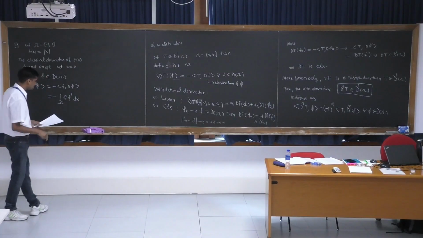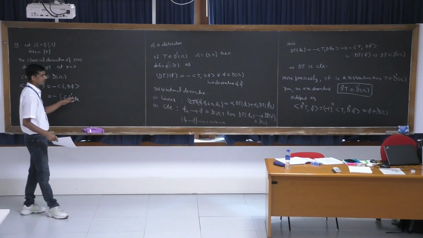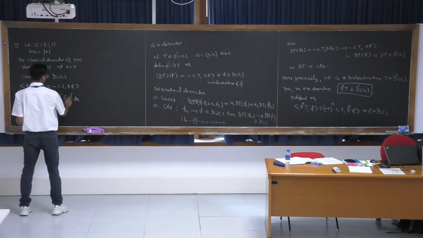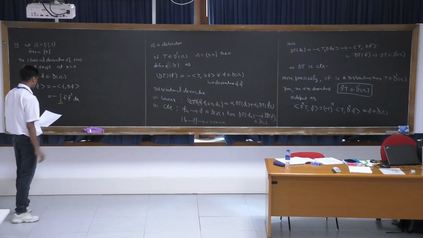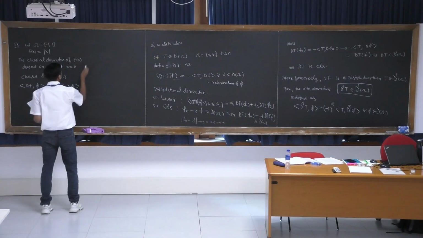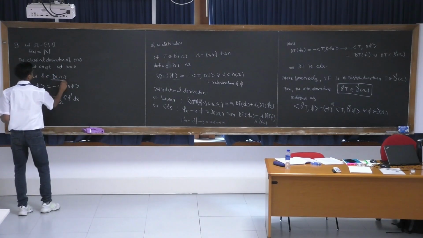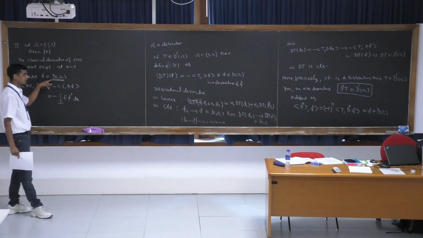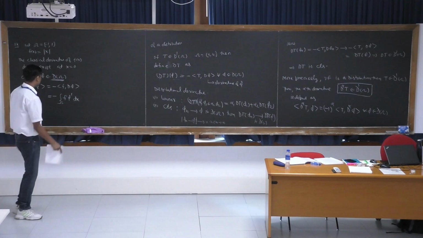So for simplicity I am assuming that this is the dash, meaning simple derivative. Okay, so this is just notation here. This is not the classical derivative. But obviously that phi belongs to this space, and this space has infinitely continuous and differentiable functions.